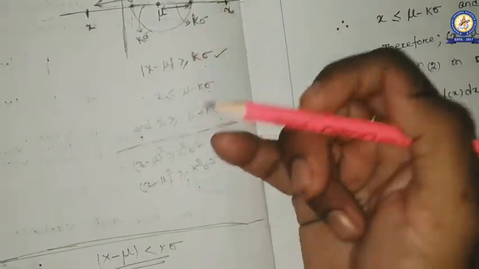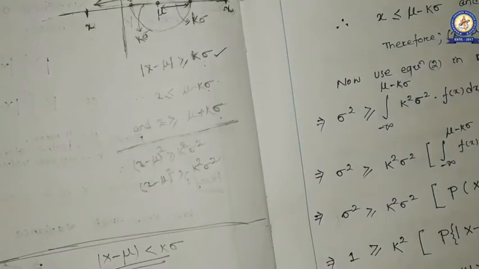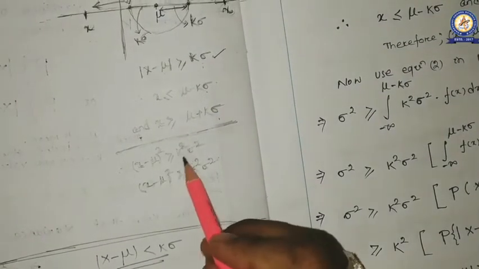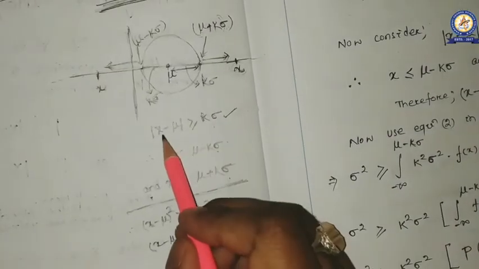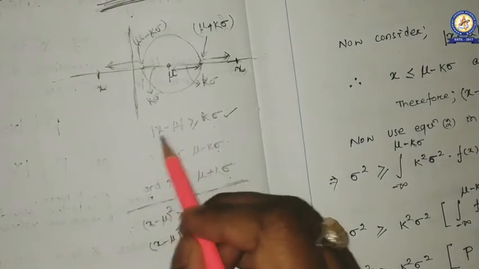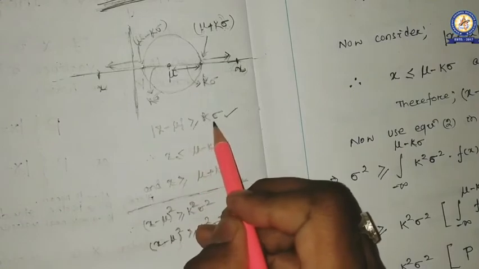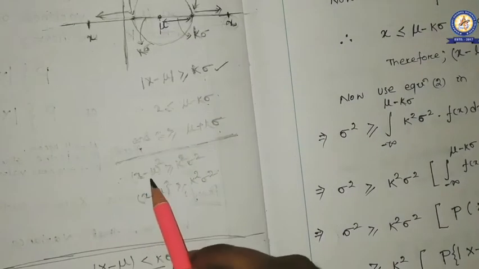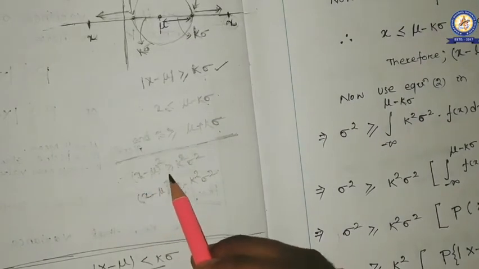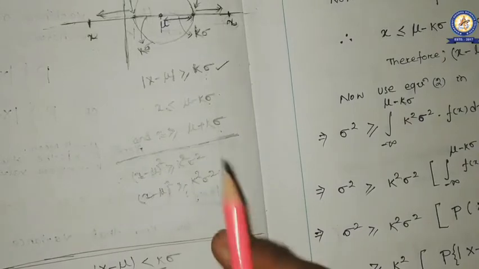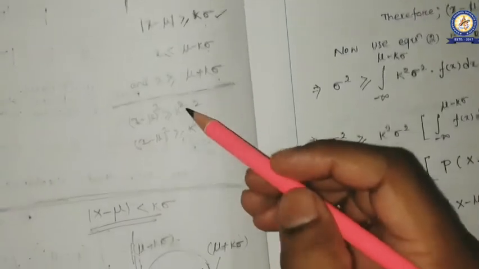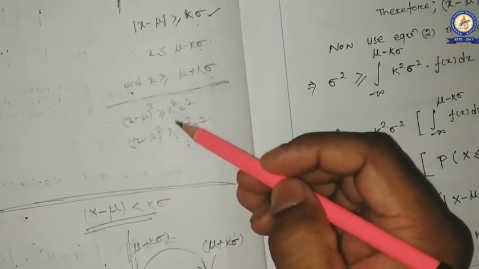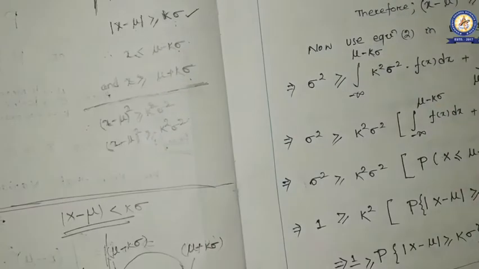I am talking about the square, which will always be greater than k square sigma square, or you can say that mod of x minus mu is always greater than k sigma. So hence x minus mu square is always greater than k square sigma square. So this range and this value will be required in our derivation.